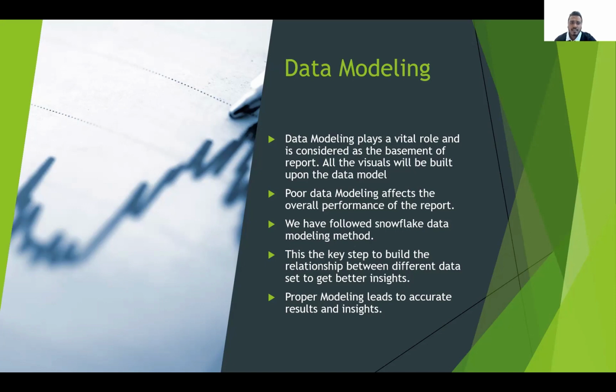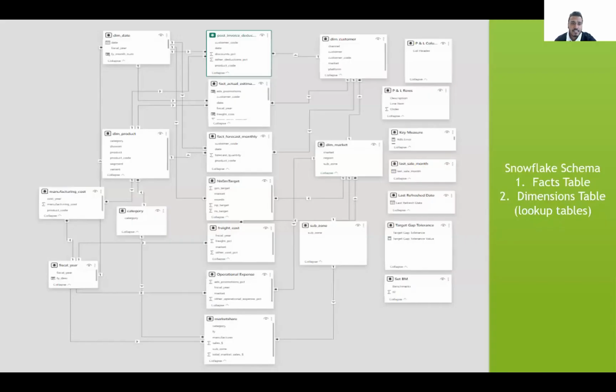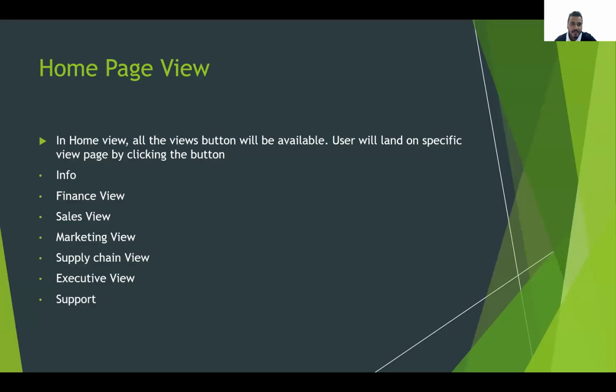The model has almost 20 tables, including fact tables and dimension tables, connected through one-to-many relationships, which makes it way easier to get the data and create insights for the company.